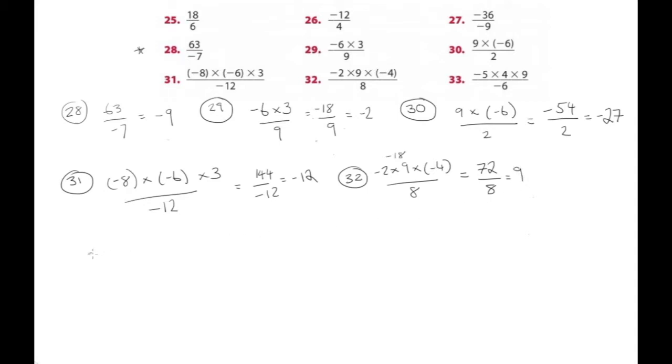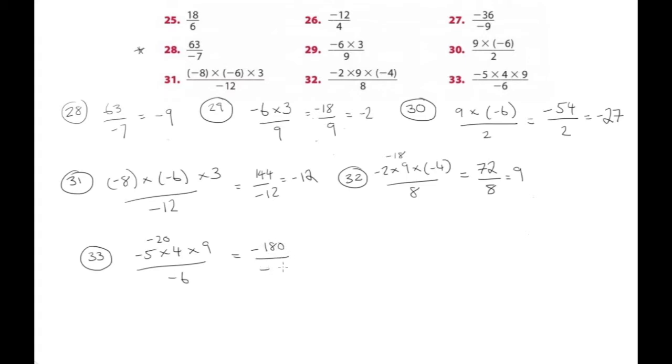I'm just going to do 33 down here. Minus 5 multiplied by 4 multiplied by 9, and then divided by minus 6. A minus multiplied by a plus will give us a minus answer. So 5 fours are 20, so that's minus 20, and then multiplied by 9, minus 20 times 9 is minus 180.